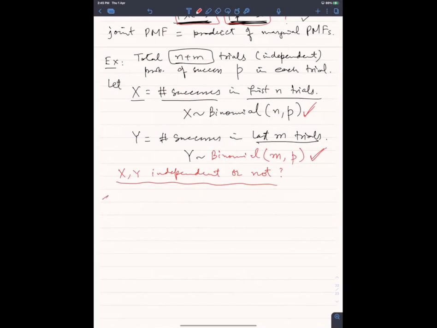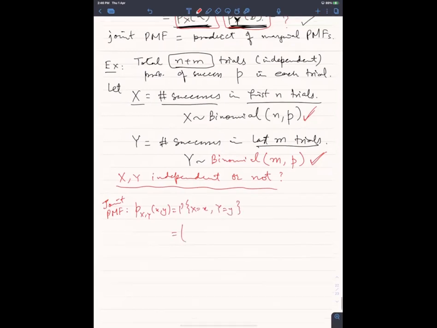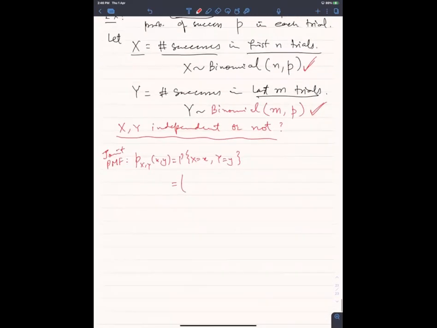देख लेते हैं joint PMF, देखते हैं joint PMF क्या होगा? P of x, y is equal to probability x is equal to x, y is equal to y. This would be equal to कि पहले n के अंदर x आई और फिर n choose x p^x (1 minus p)^(n minus x), okay.